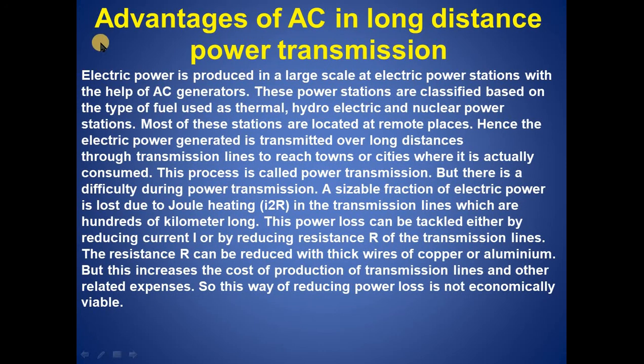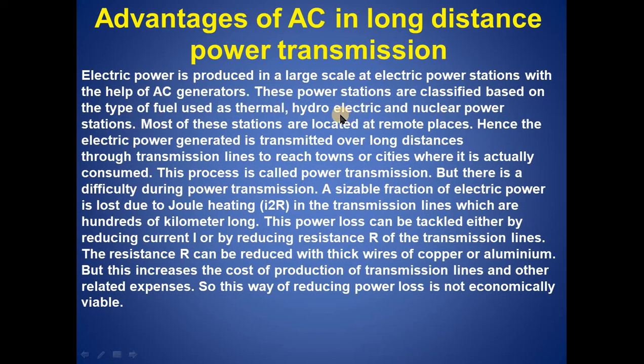Then the next topic is advantages of AC in long distance power transmission. Electric power is produced on a large scale at electric power stations, like the Neyveli power station, with the help of the AC generator. These power stations are classified based on the type of fuel used as thermal, hydroelectric and nuclear power stations.